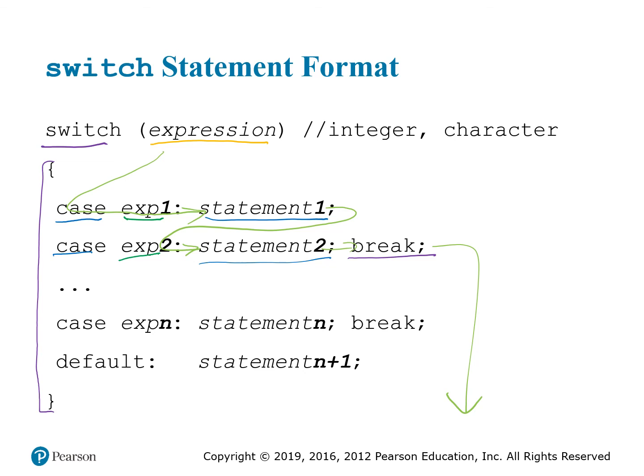Some people do that on purpose. They want to execute statement 2 every time they execute statement 1, but sometimes they want to execute statement 2 by itself, okay? A lot of times, however, this happens because somebody forgot to type break here, and so that's a very difficult thing to debug when you find out that statement 1 and 2 are always happening together, and why is that when you hadn't intended them to.